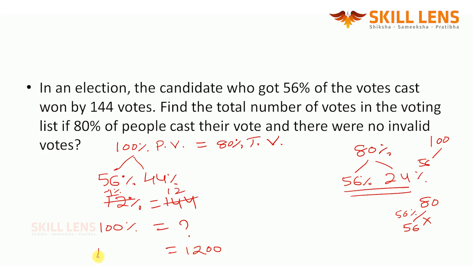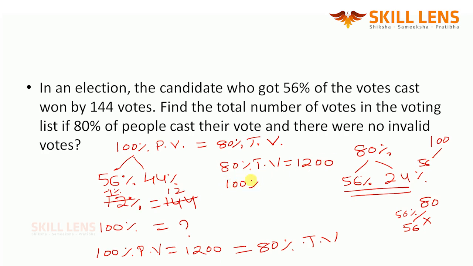Hang on for a minute. This is 100% of polled votes, which is equal to 80% of total votes. I want the total number of votes. So now I have to work with this. 80% of total votes is equal to 1200. Then 100% of total votes is how much?